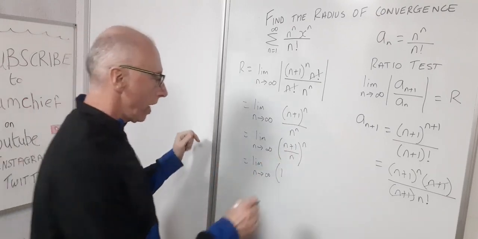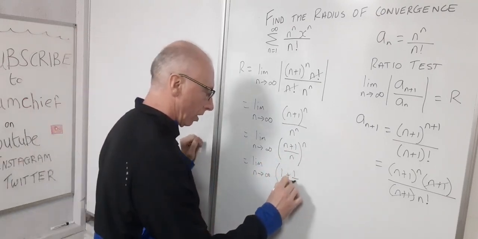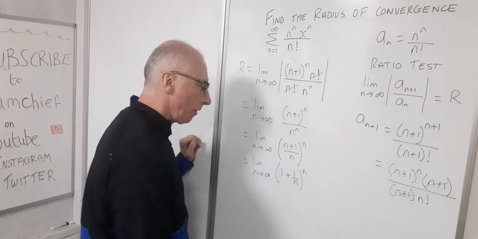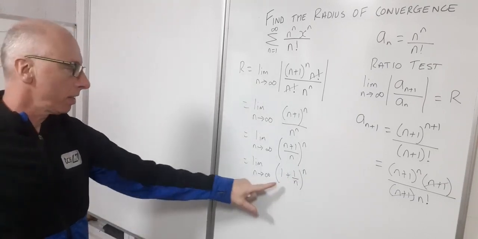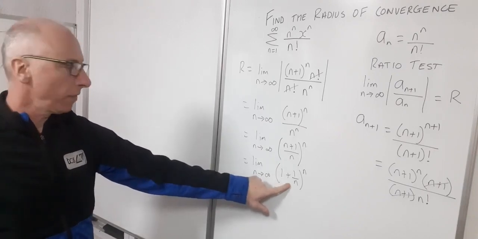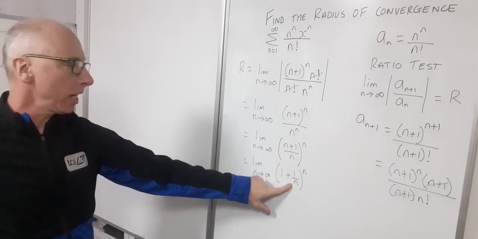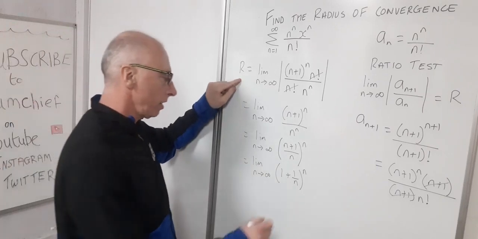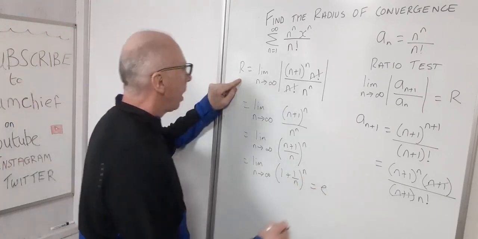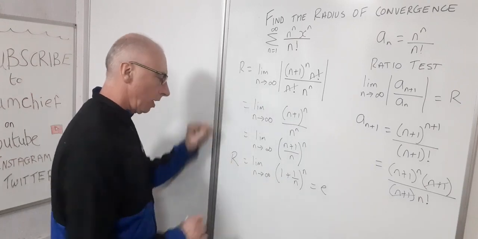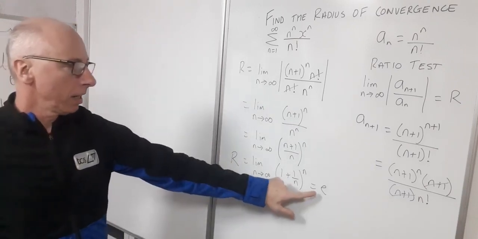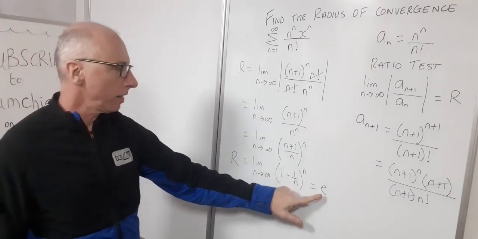So we add 1 over n, and that's all raised to the power of n. Now this here is very famous: as n approaches infinity, this just gives me e. So therefore in this case, my R equals e.